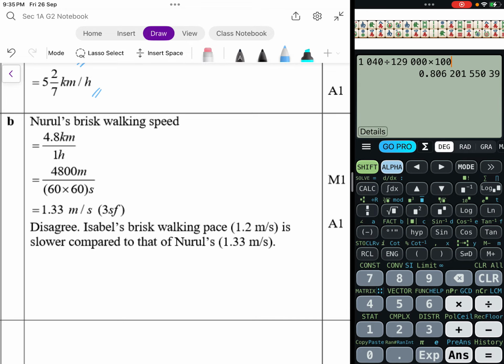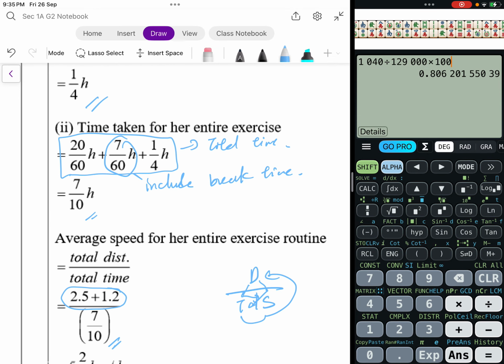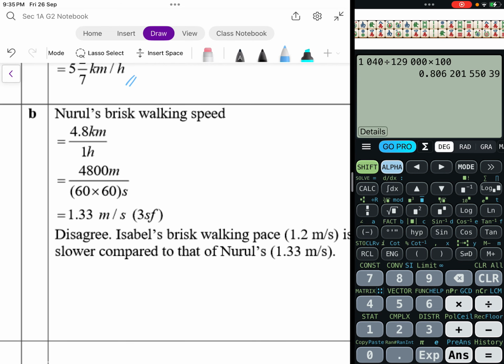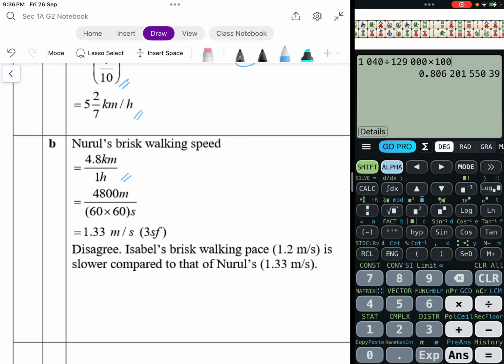So find her brisk walking pace: this was Noru's brisk walking pace, 4.8 kilometers per hour. She is converting the brisk walking pace into meters per second.